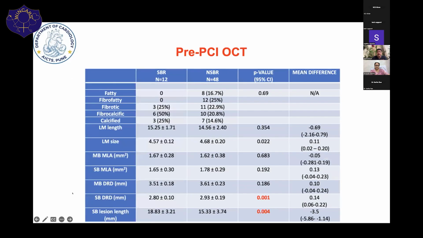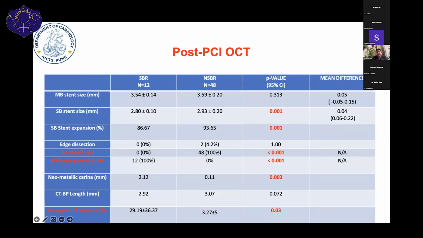When we compared the pre-PCI OCT characteristics, we found that side branch distal reference diameter was significantly smaller in the side branch restenosis group as compared to the NSBR group, and side branch lesion length was significantly longer. When we compared the post-PCI OCT in both groups, we found that the side branch restenosis group had a significantly smaller side branch stent size and side branch stent expansion.